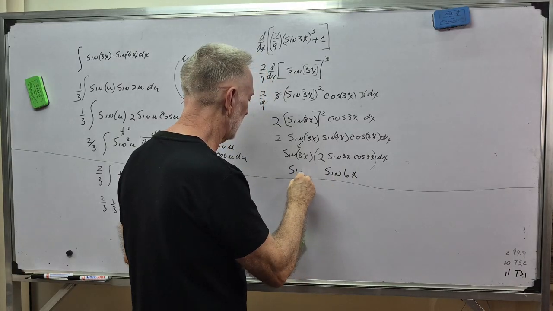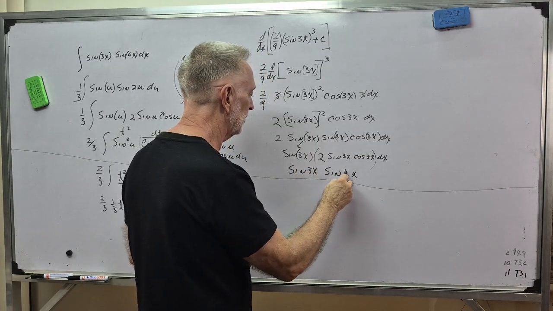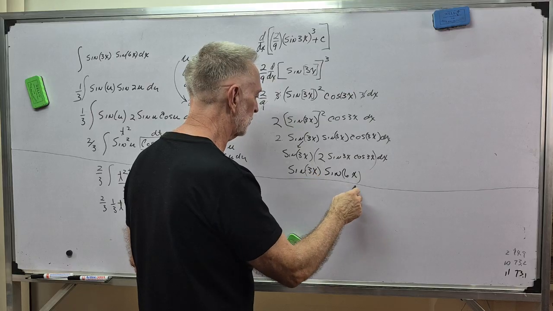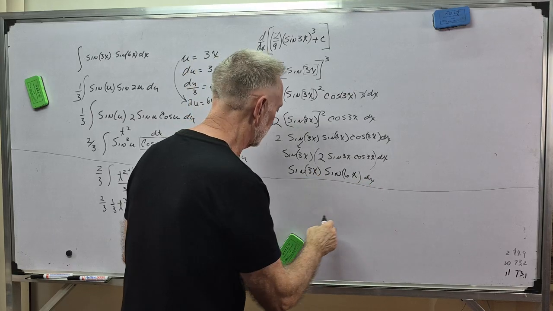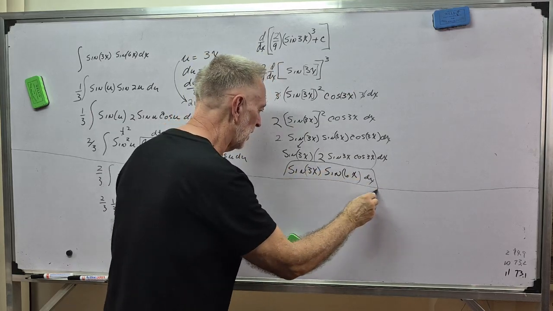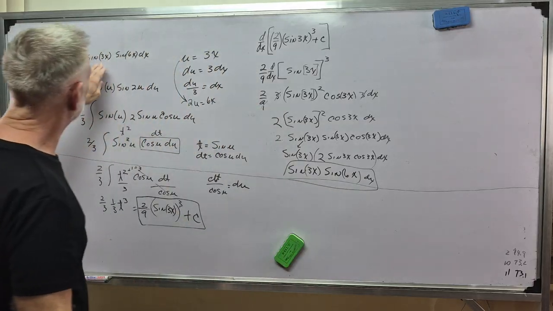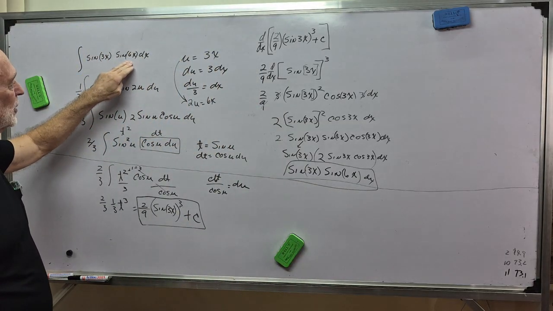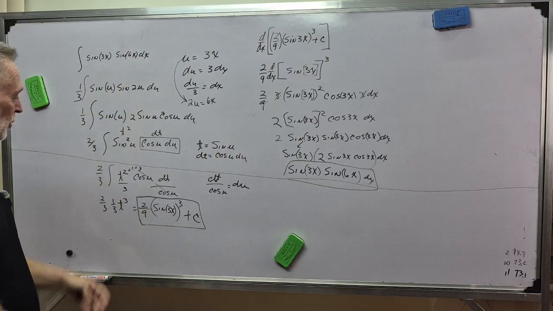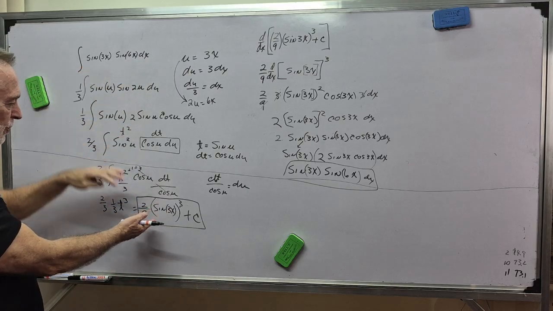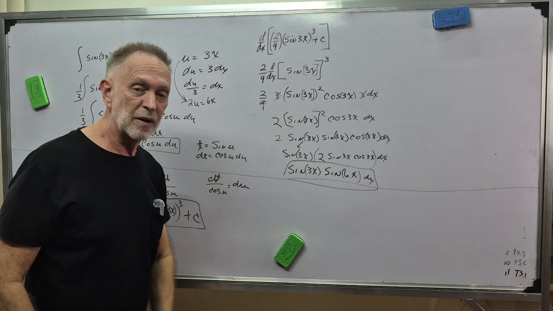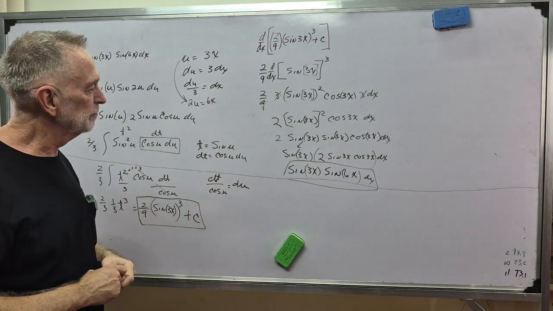So I have sine 3x times sine 6x dx. Voila. Is that what I started with? Sine 3x, sine 6x dx. Yes, it is. So our Calculus 2 guys were correct, and we proved that with the Calculus 1 derivative.